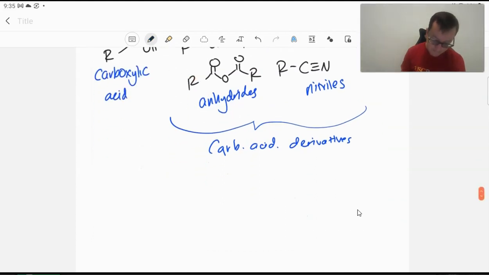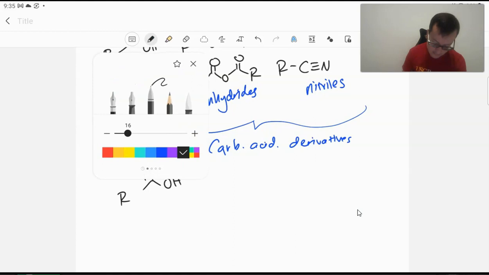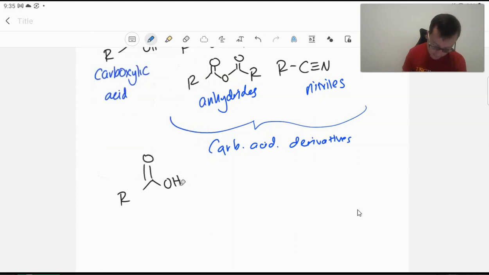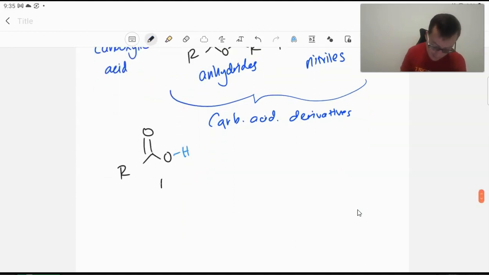So as we know, carboxylic acids are named as such because they are acidic. Very exciting. So amines are basic, right? Carboxylic acids, on the other hand, are acidic. We're going to see that this is a pKa of 4 to 5, thereabouts.